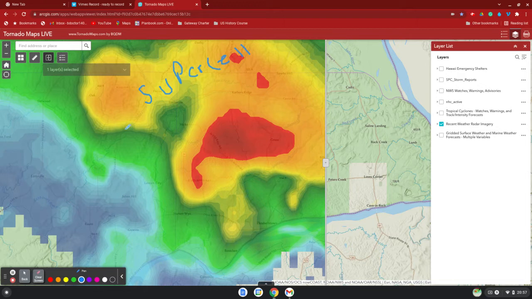So we have our supercell, and essentially there are three parts to it. You have this area in yellow that differentiates the heavier rain from the lighter rain.